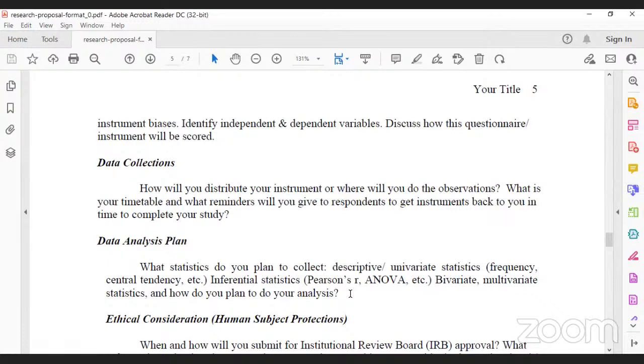Are you going to do your calculation on Microsoft Excel? Are you going to use SPSS for your calculation, or R programming? Or if you are going for qualitative, what software are you going to apply for qualitative?